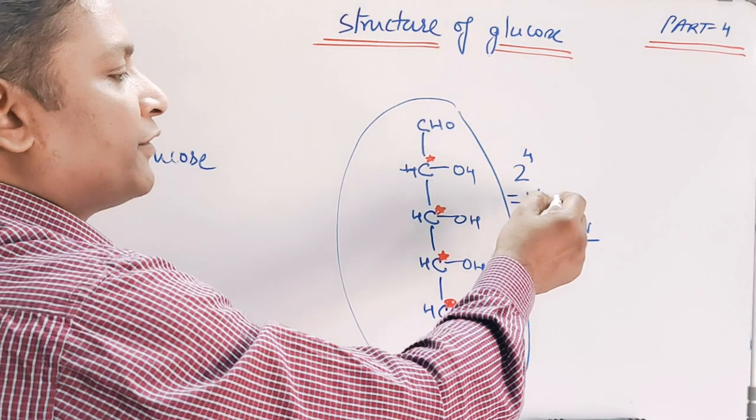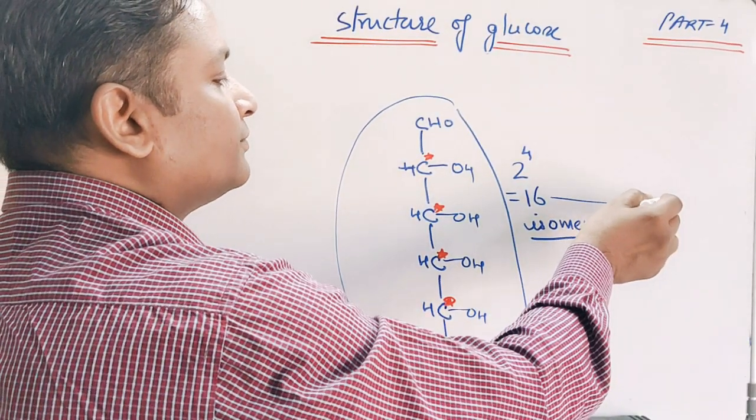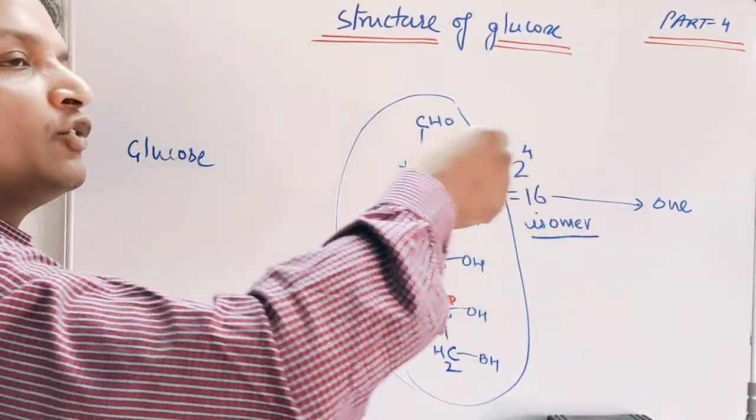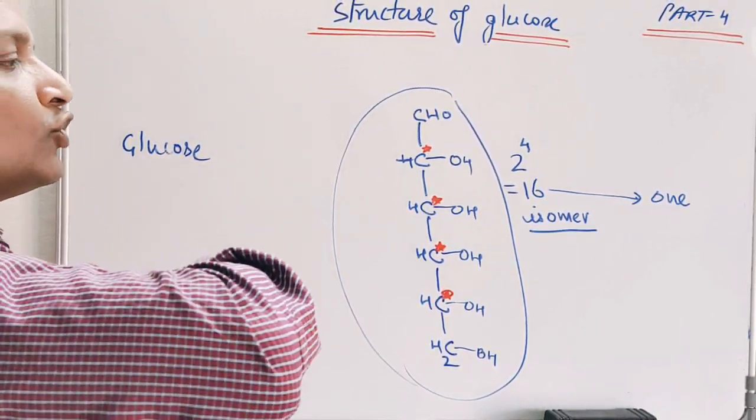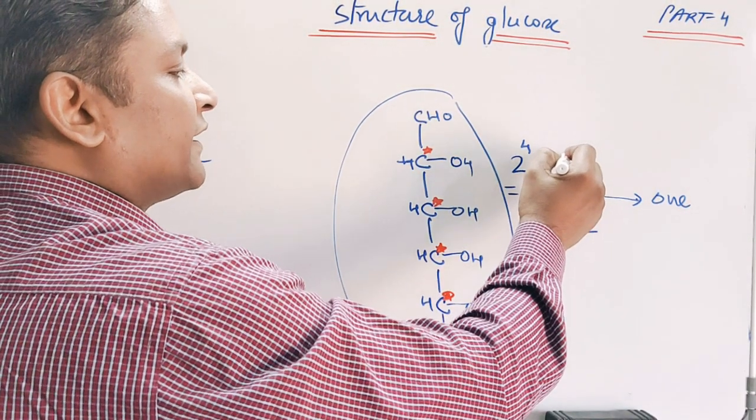So out of 16 derivatives, one is glucose. How do we determine that? That one glucose was determined with the help of a scientist, Fischer.